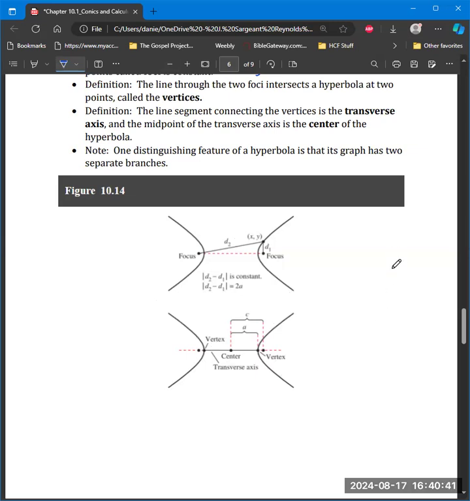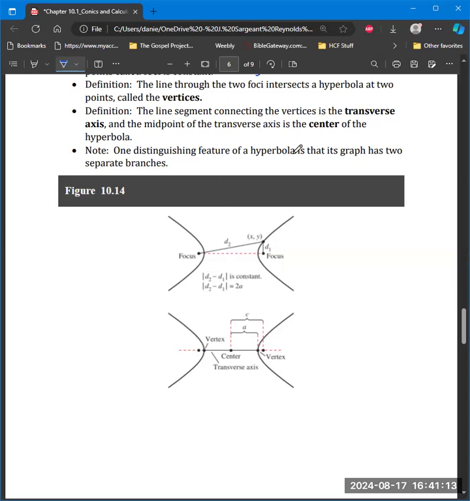If we had a vertical transverse axis, then our pieces would be opening up and down. These axes have really nothing to do with which is bigger or smaller. It has to do with which piece is positive and which piece is negative, because the negative is going to make a reflection and tell us which way we're going to have our pieces open, whether they're going to open left, right, or up, down.